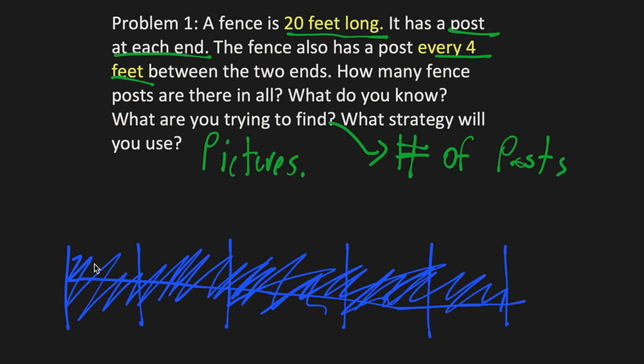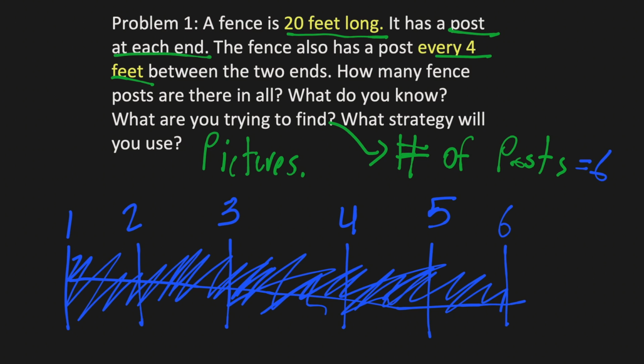We have a post at the 4 foot mark, a post at the 8 foot mark, a post at the 12 foot mark, a post at the 16 foot mark, and a post at the end. No, this isn't very accurate. This isn't exactly 4 feet, 4 feet, 4 feet, but it would take a while to measure. So that's that. The number of posts is 6. We did use pictures, and we used that to find it.